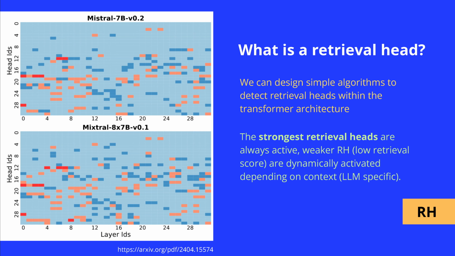Let's have a look at this in more detail. You have here a heat map of our retrieval heads, and this heat map is normalized to values between 0 and 1 for the retrieval score. Now, on top we have a simple dense Mistral 7B model, and if I remember correctly, I think it has a context length of about 8K or something like that. And then we have a mixture of experts system with 8 times 7 billion parameters.